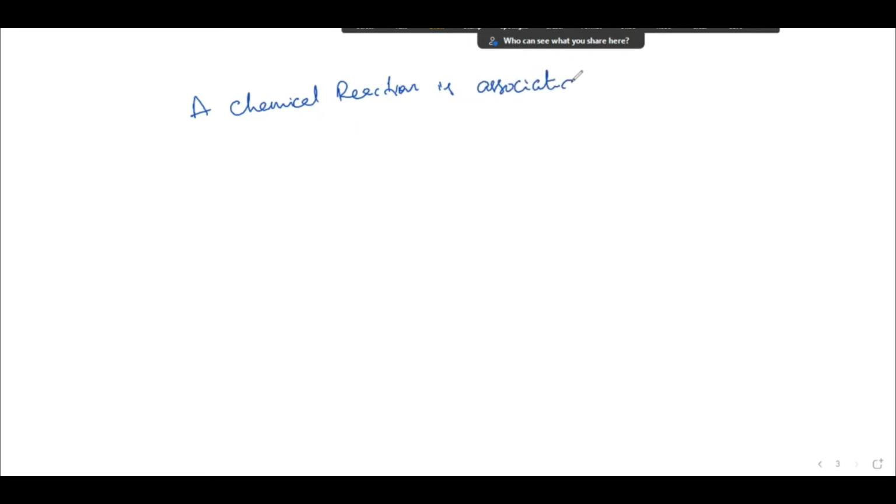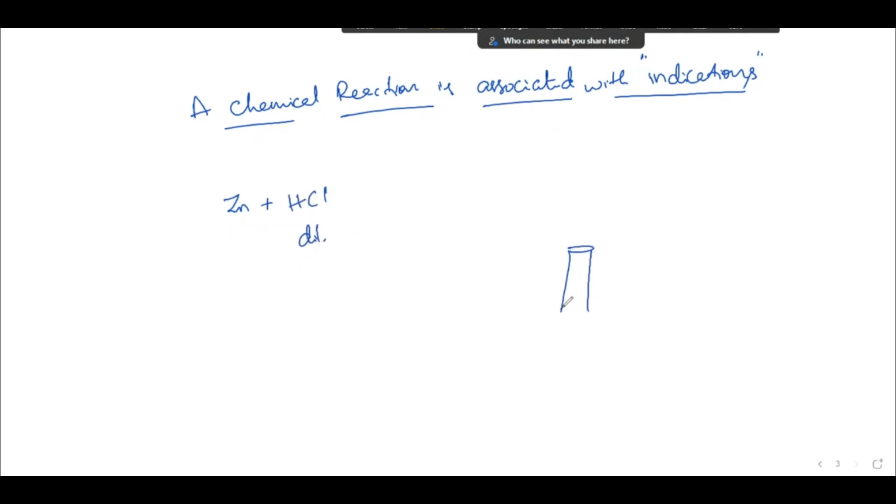is associated with some indications. So what are these indications? These indications will tell us the reaction is going on. For example, if you add a zinc metal to dilute HCl, if you take a small piece of zinc and add dilute HCl or dilute H2SO4, any acid, then what do you observe here?